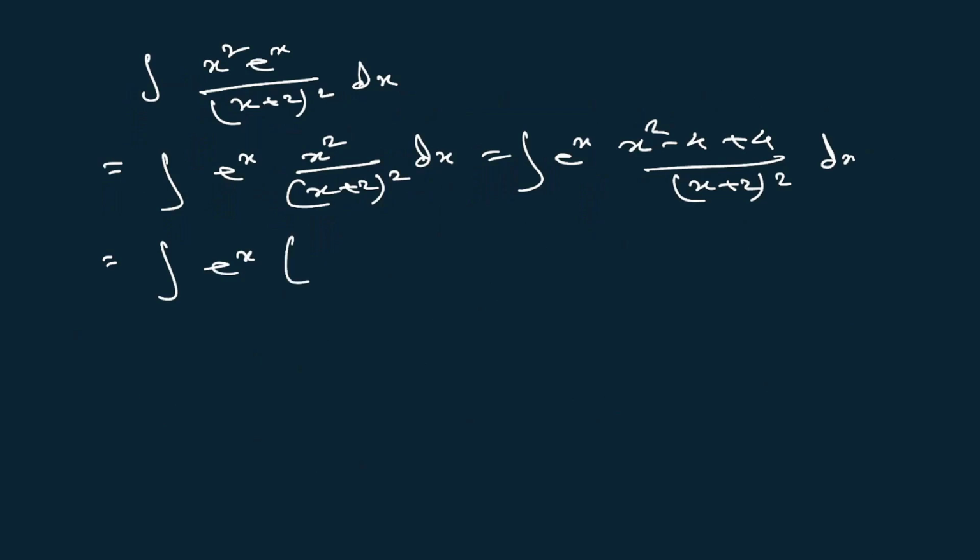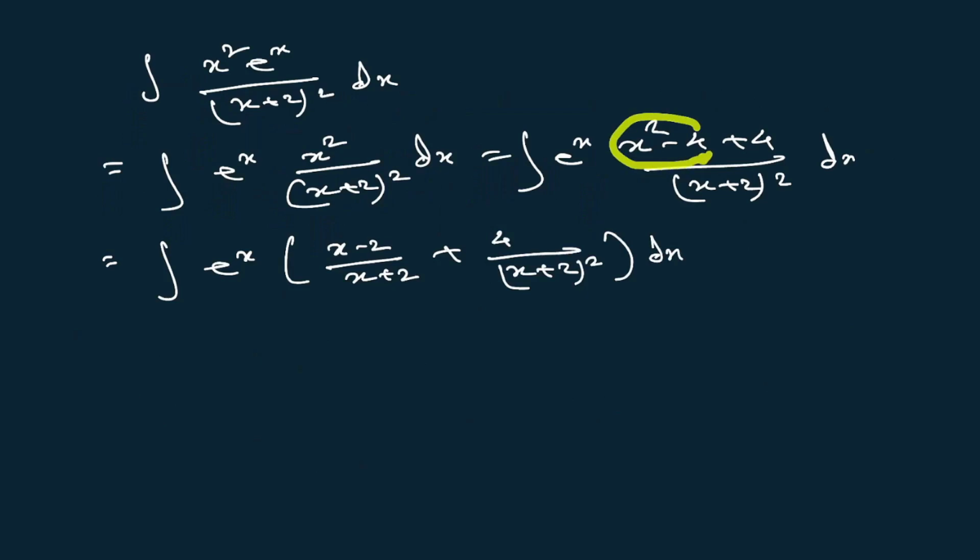So I can write here x minus 2 by x plus 2 plus 4 by (x plus 2) whole square, and this is dx. Just see one thing, the x square minus 4 I can write as (x plus 2) into (x minus 2), and one (x plus 2) is getting cancelled, and finally this is what is left.